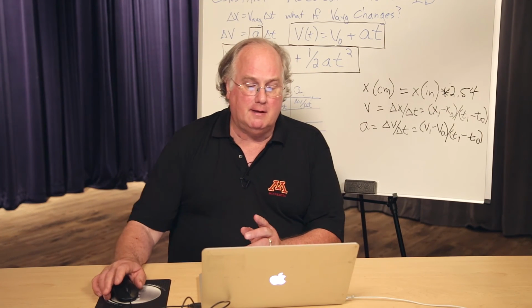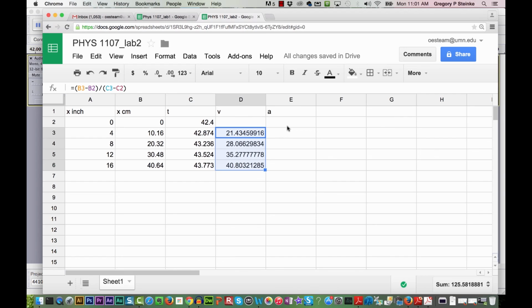So let's see what we get. And again, we can't do the first cell because we don't have a velocity before. We can't even do the second row because we don't have a velocity for the one above that. So we have to start in the third.